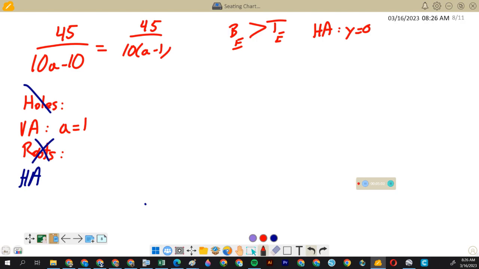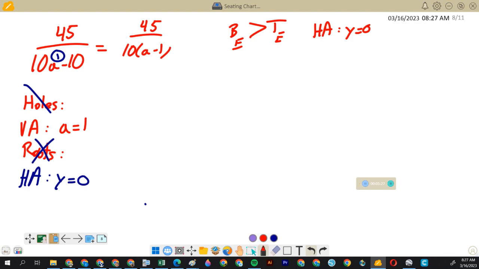If the degree of the top is smaller than the degree of the bottom, then your HA is at 0. The bottom is stronger than the top, your HA is at 0, which is what's happening in this case. So the exponent here is a 1, and then the top has no variables at all. So the bottom is stronger than the top, which means the HA is at y equals 0.